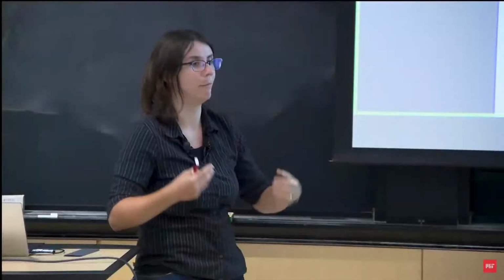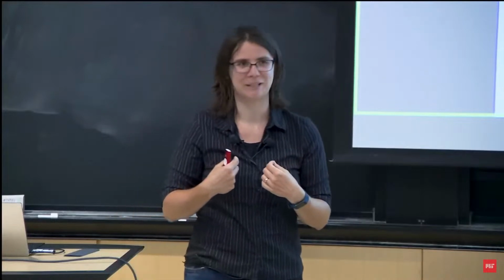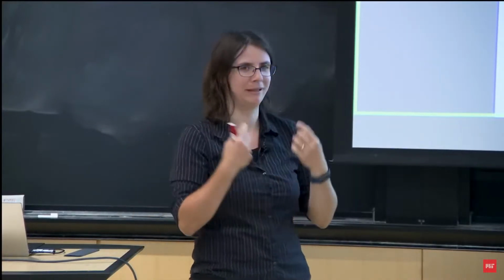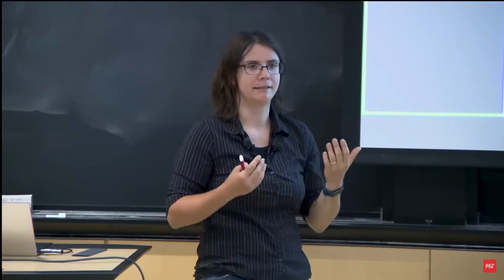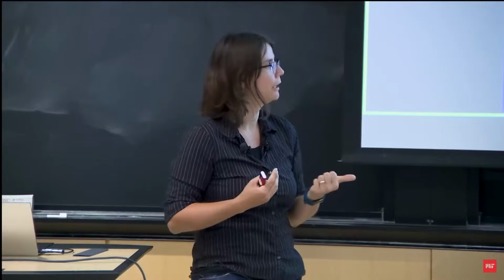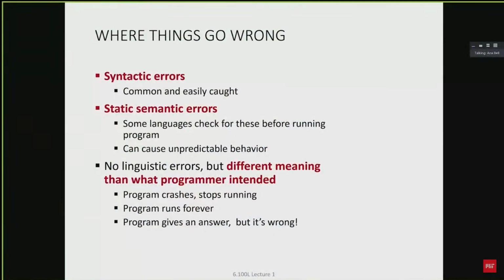And that's where most of my errors happen, and that's where I get super frustrated when I program, and that's probably where you guys will get super frustrated too. Because you write a program that you think is doing one thing, but instead either it crashes right away, or it runs forever and doesn't really stop, or it terminates, but it gives you an incorrect answer. It's not what you were expecting.